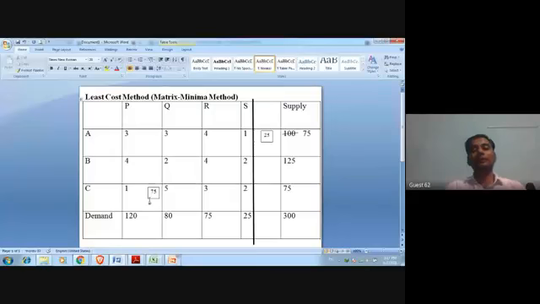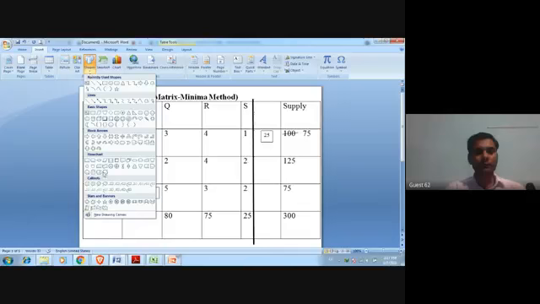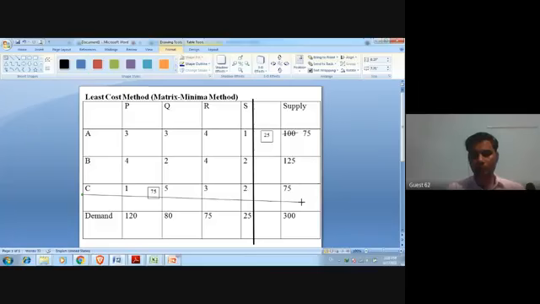Now, since the factory C has supplied all the units to P, the supply of factory C has exhausted now. So we will draw a horizontal line from C. I have drawn a line from C to this.